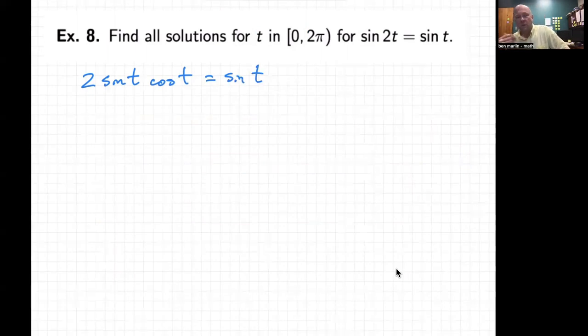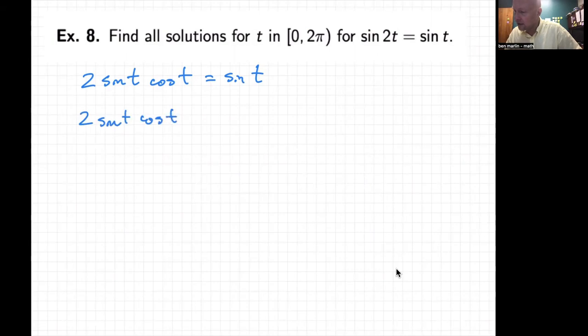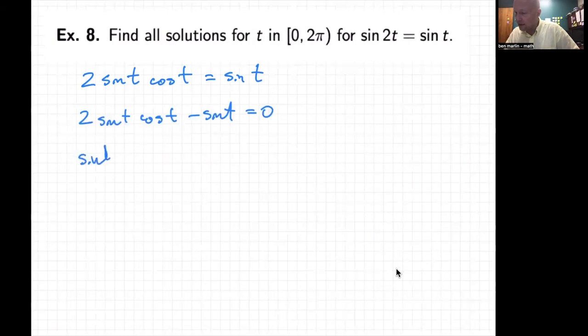Please remember, when solving things like this, you want to get a 0 on the right-hand side. So 2 sine t cosine t minus sine t equals 0. We can factor a sine t out of the whole thing and have 2 cosine t minus 1. Let's say this is equal to 0.